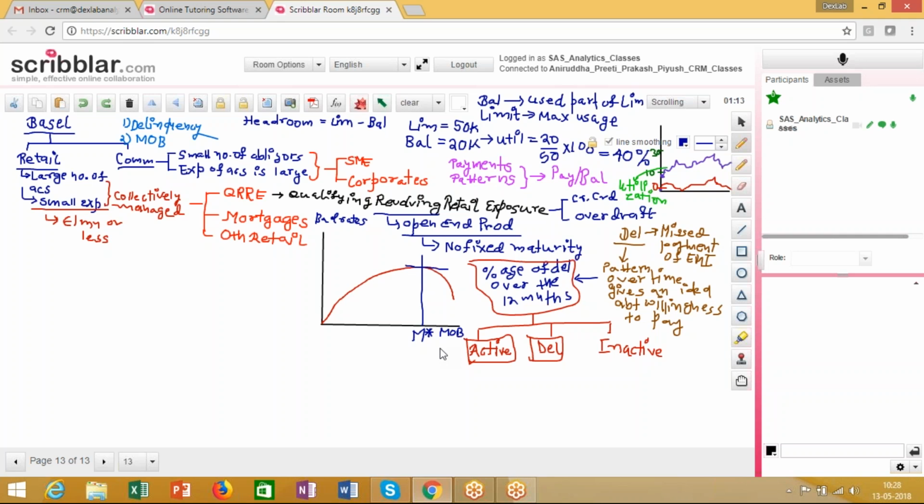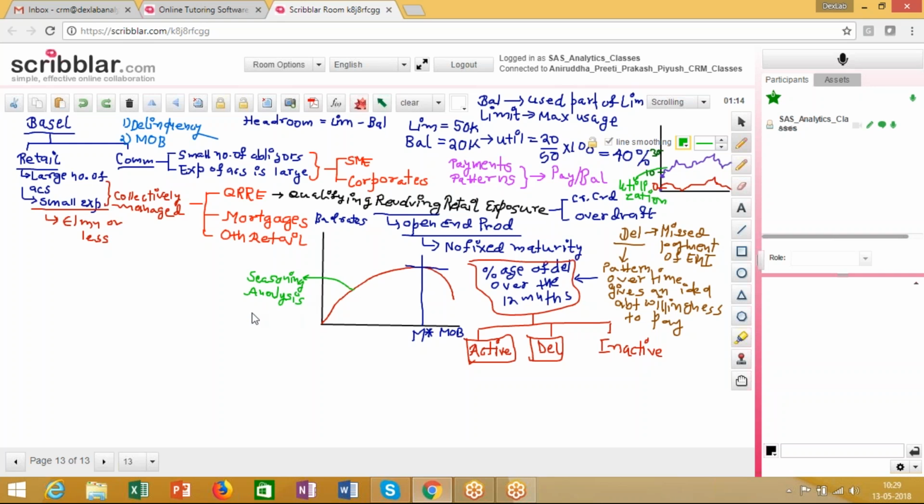Okay. So is the idea of the seasoning analysis clear? Now, seasoning analysis is one of the very critical analyses for developing a Basel retail model, right?